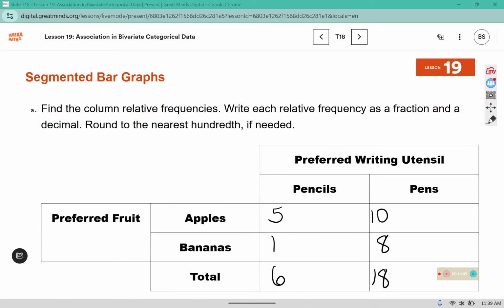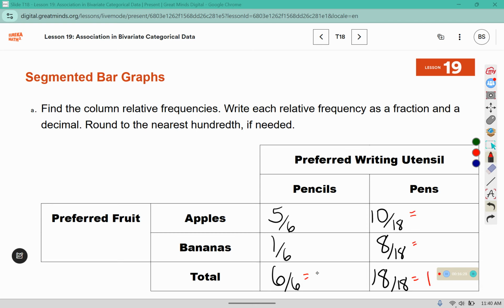Find the column relative frequencies. So we're going to divide by the column totals. And then change them to decimals. We're rounding to the hundredths place. Remember, that's 2 decimal spots.